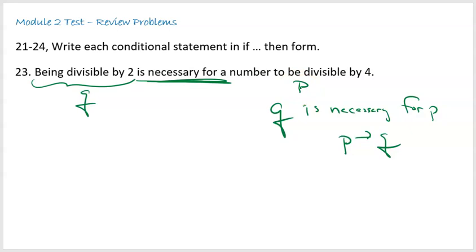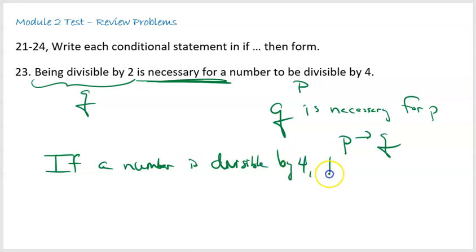So we can say if a number is divisible by 4, then what? My Q statement. The number is divisible by 2.